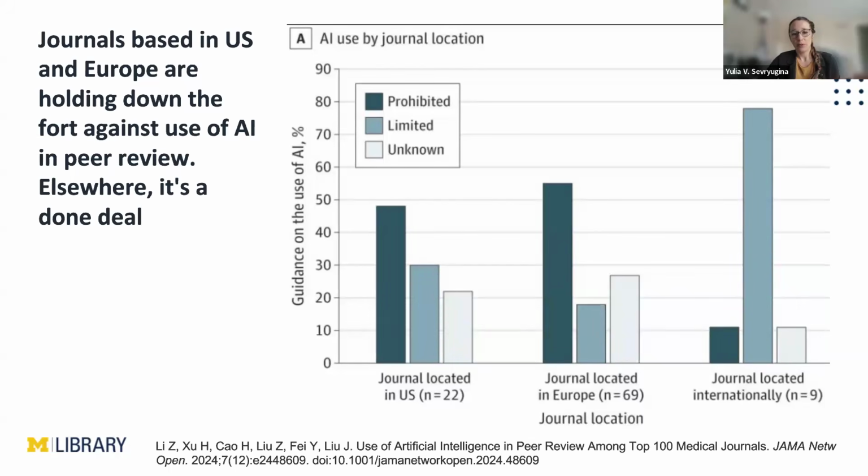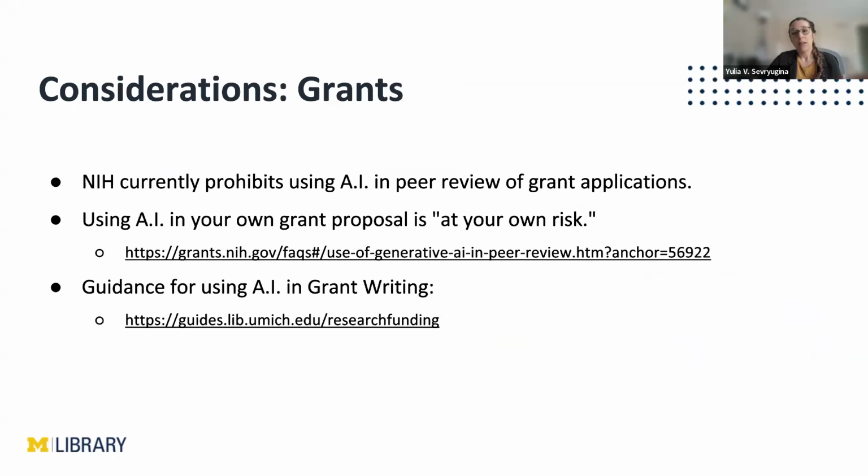For example, I referred them to this article that analyzed journal policies across the whole world on whether AI can be used for peer review in journals. And it looked like journals based in the US or in Europe are still pretty prohibitive in using this technology for peer review, for example. And the same applies to grants.